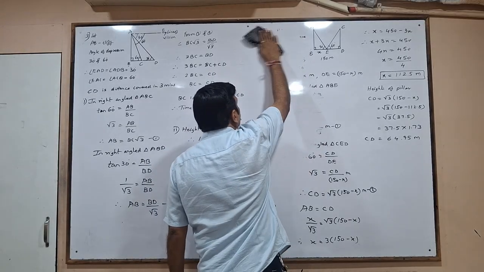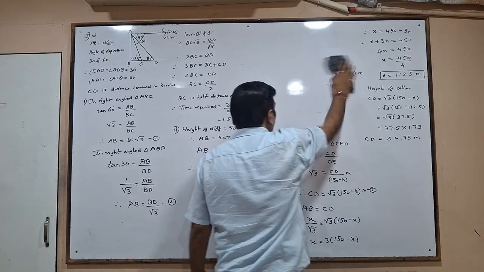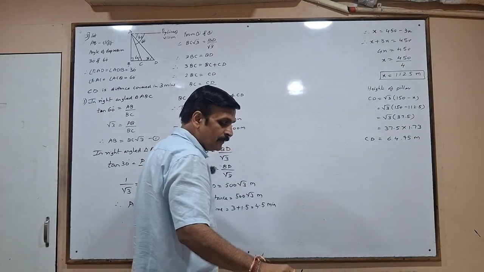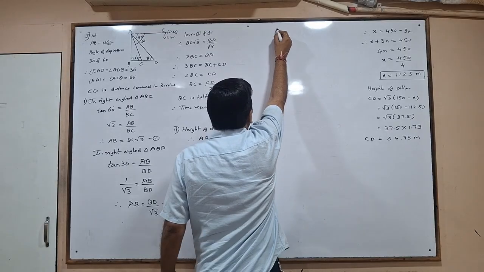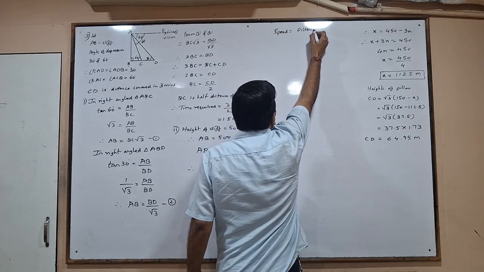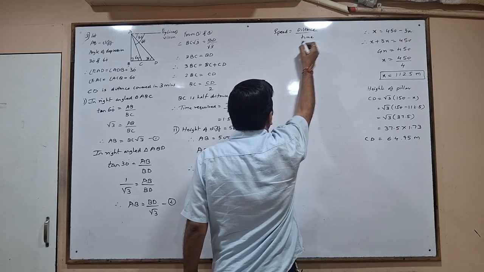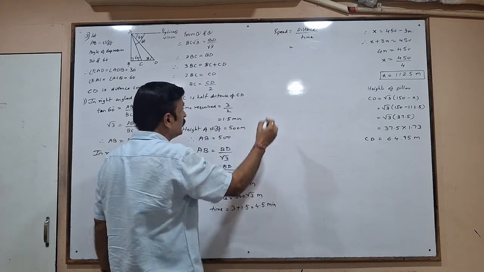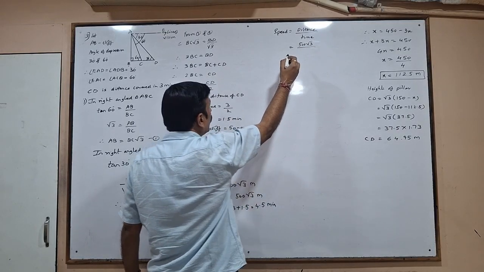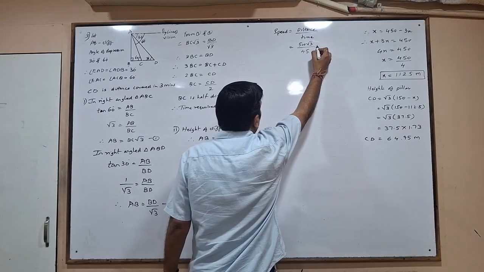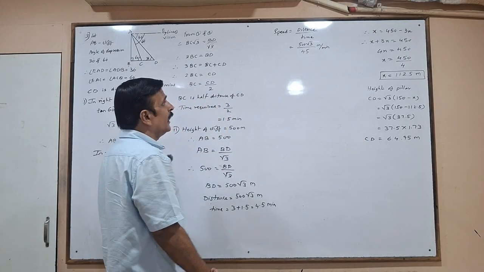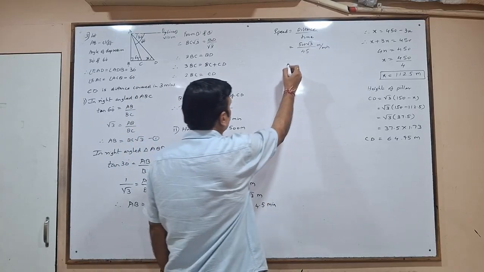The relation of distance, time and speed we will use to calculate the speed. Speed is distance upon time. So distance is 500 root 3 and time is 4.5. This is meter per minute. I want meter per second.